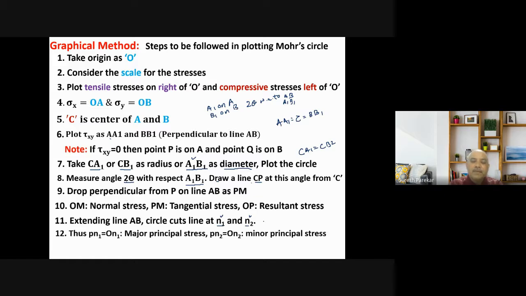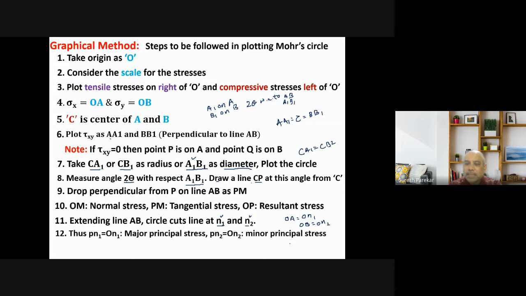Now we will measure ON1, which is equal to PN1, the major principal stress, and PN2, which is equal to ON2, the minor principal stress. If you remember, in the last video we had OA equal to ON1, and OB equal to ON2.